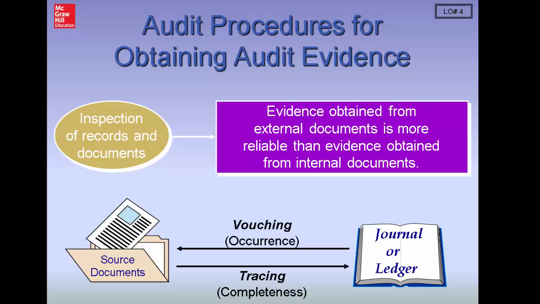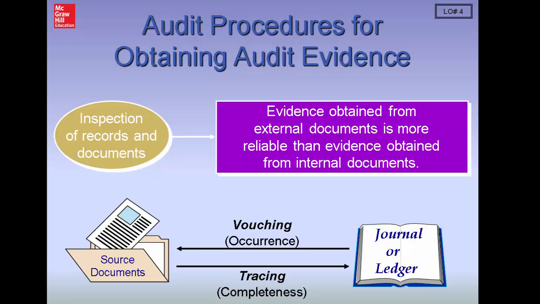When we are looking at occurrence, we're taking a sample from the journal and vouching that that transaction actually occurred from the source documentation. So as an example, if we're looking at a revenue transaction that was recorded, we would be looking for, as an example, the fact that it was shipped or the fact that the transaction was actually paid.